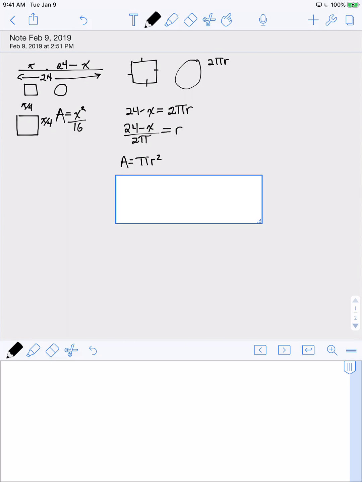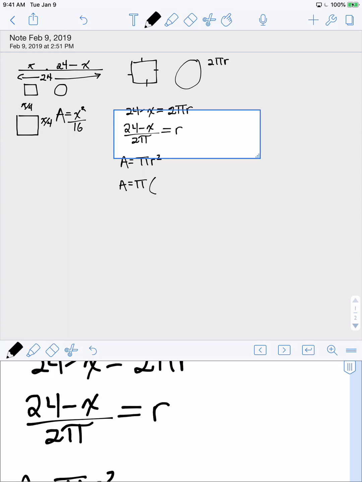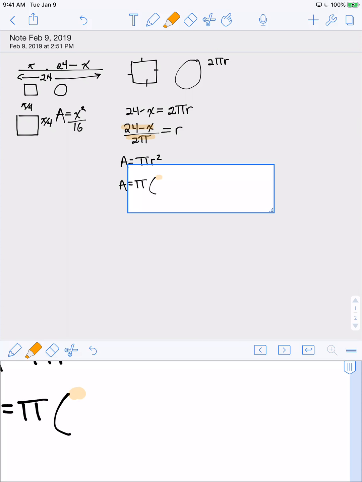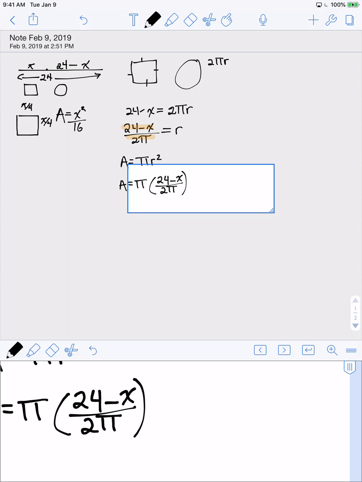So in this case, it's going to be pi times (24 minus x) over 2 pi, the whole thing squared, okay?